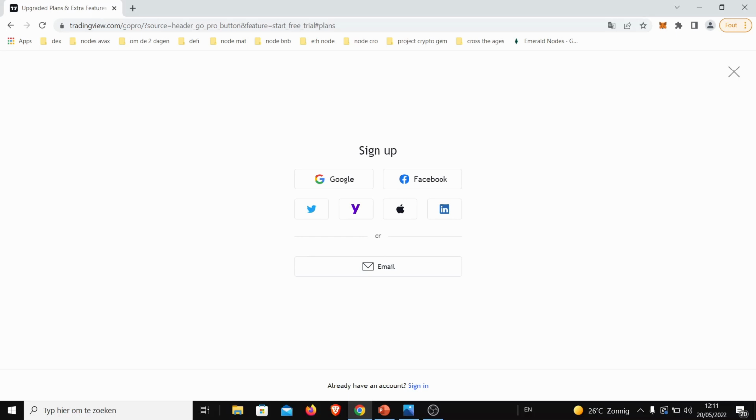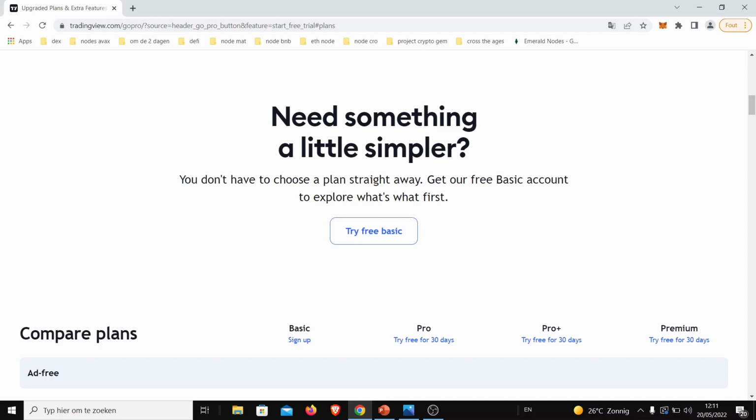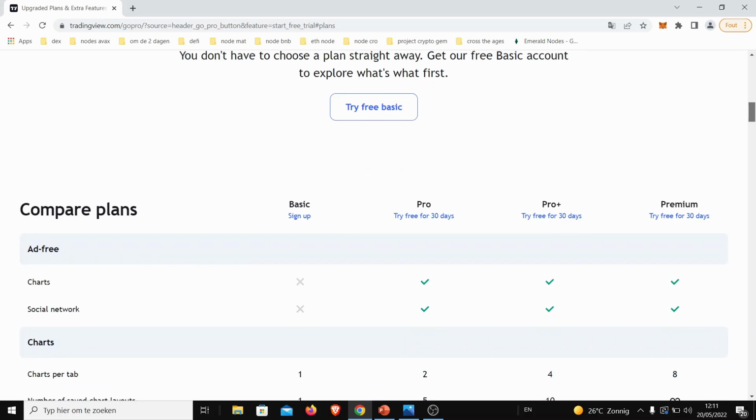It will be linked to it, and then you will get straight into TradingView, and you can save easier. I cannot do this anymore because I've already signed in, so I'll show you once we are inside what to do with it. So again, go to Try Free Basic and fill in your account details, so it's completely free.